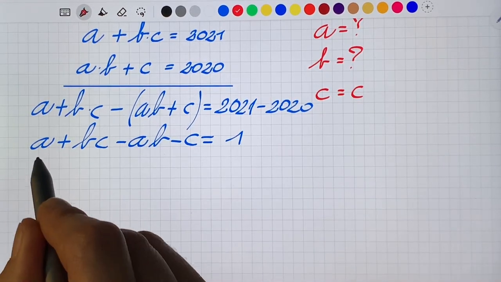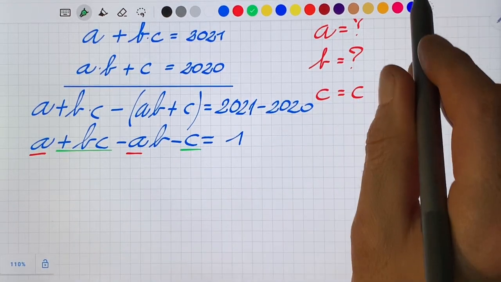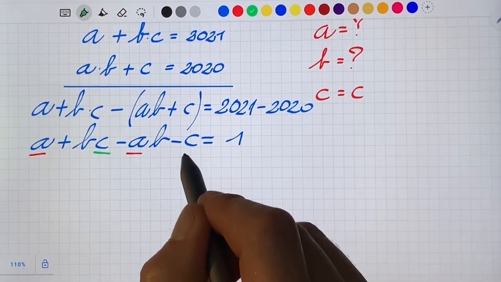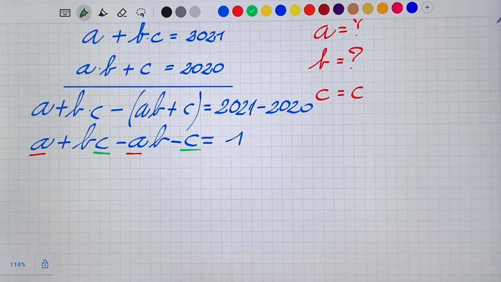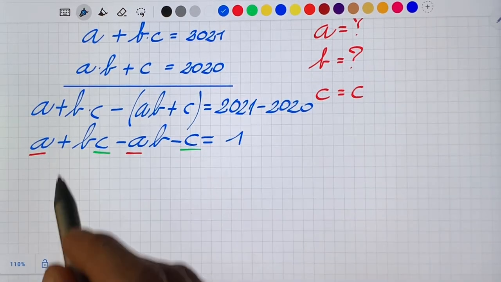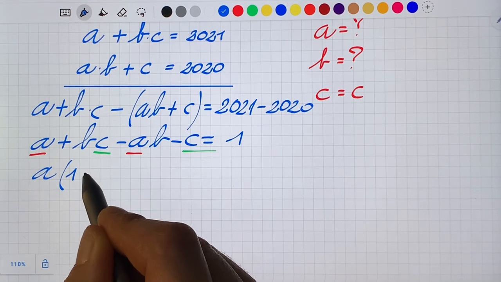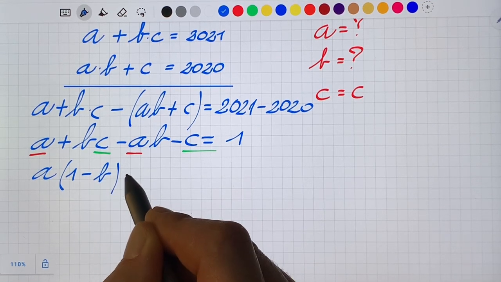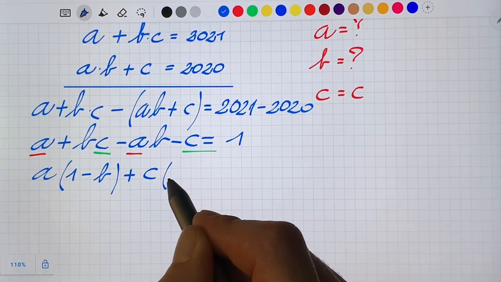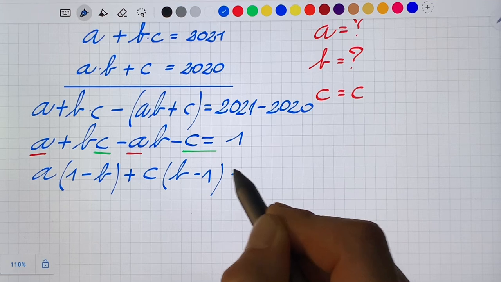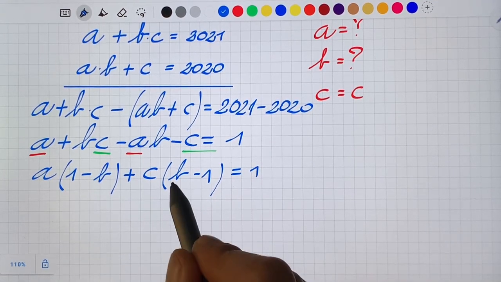And again, here we have a and a, here we have c and c. So I will take the common factor out, so we'll write it as a that multiplies 1 minus b, plus c that multiplies b minus 1, is equal to 1. And again, look at this, 1 minus b, b minus 1.